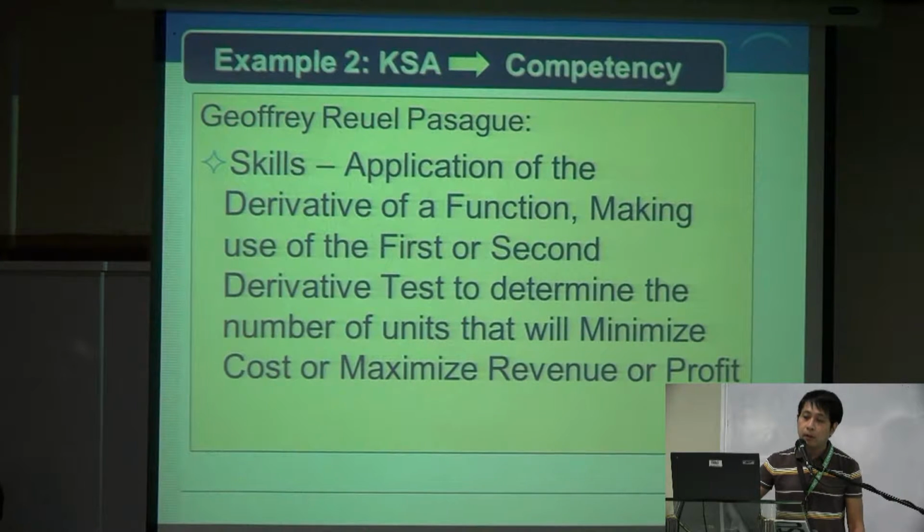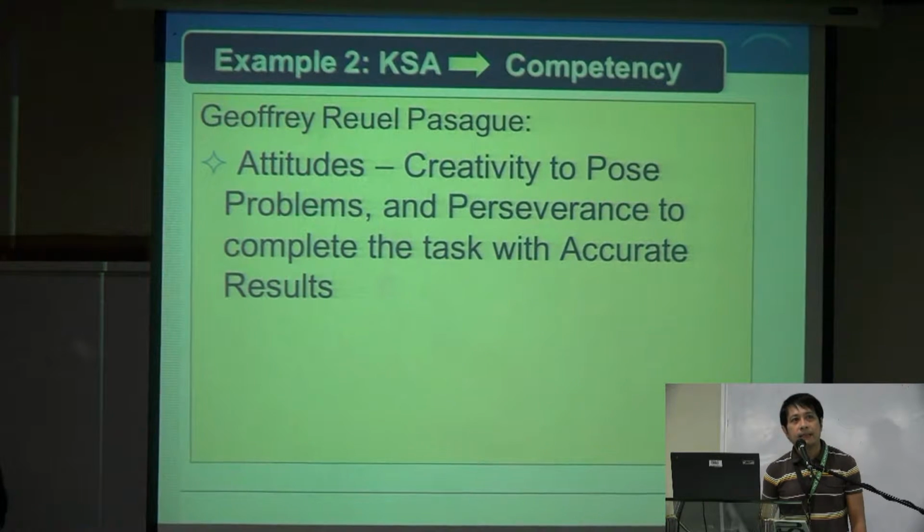And the attitudes that have to be manifested after doing these problems would be to be able to create problems and persevere to complete the task with workable or viable results.